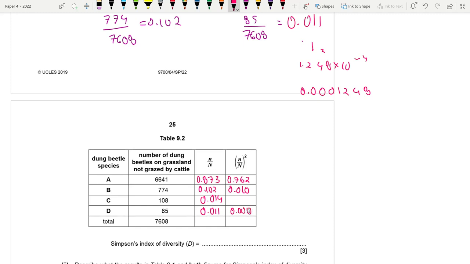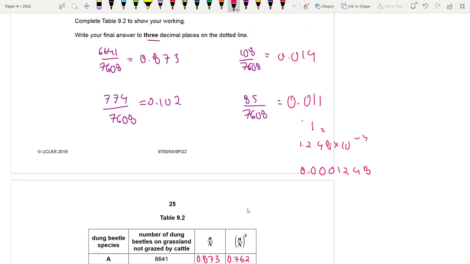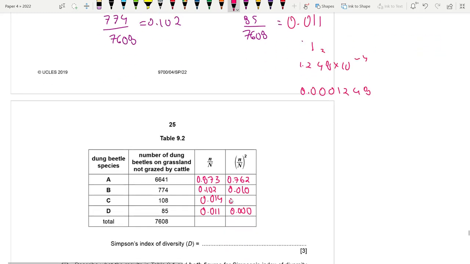What about that one? 108 divided by 7608 whole square is also 0.00020151, which is also 0.000.